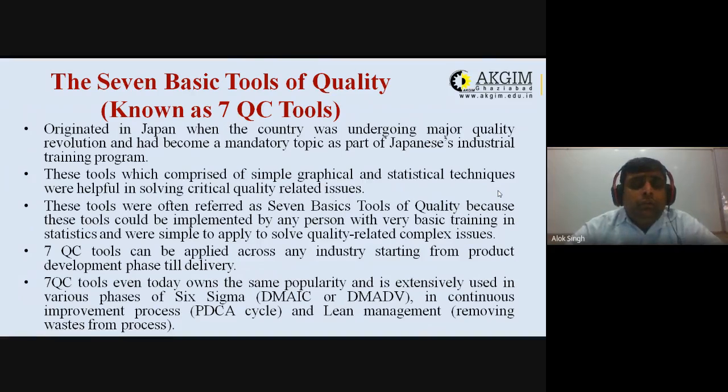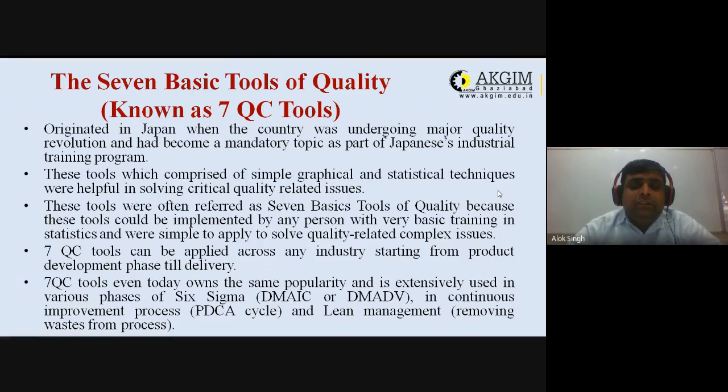These tools were often referred to as the 7 basic tools of quality because they could be implemented by any person with very basic training in statistics and were simple to apply to solve complex quality related issues.